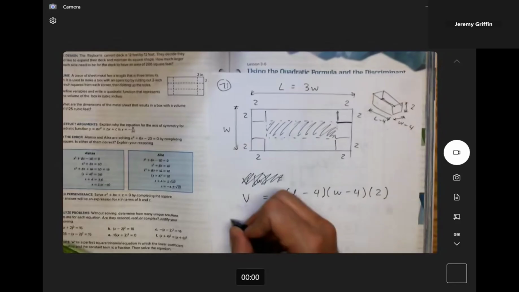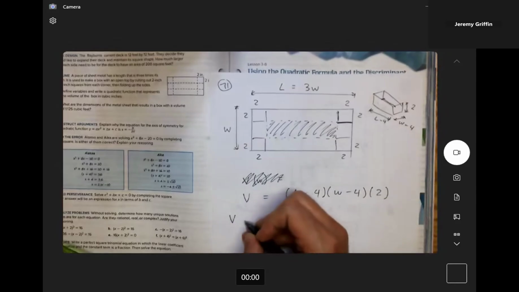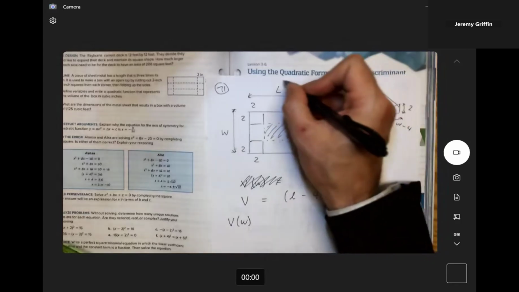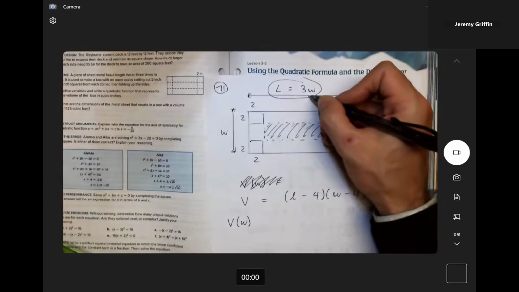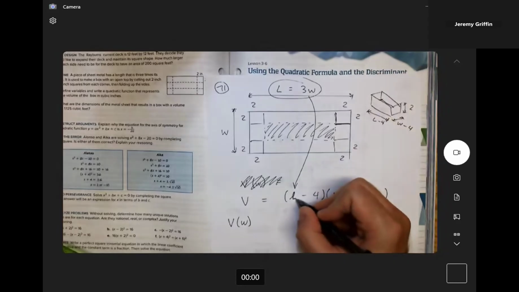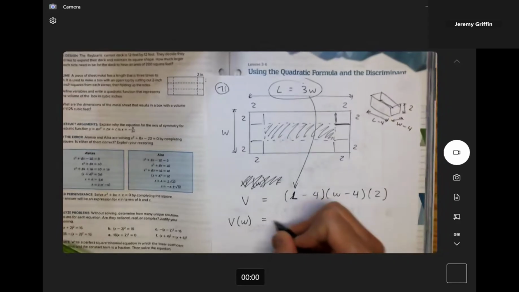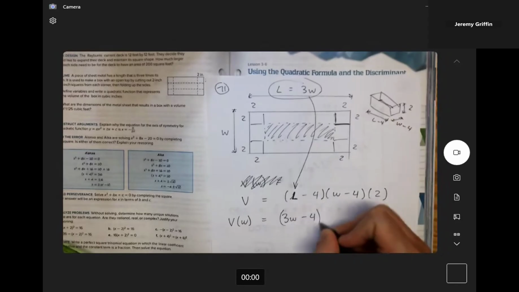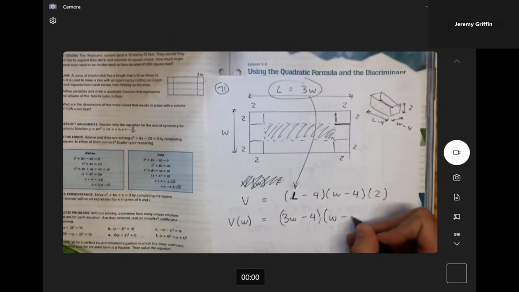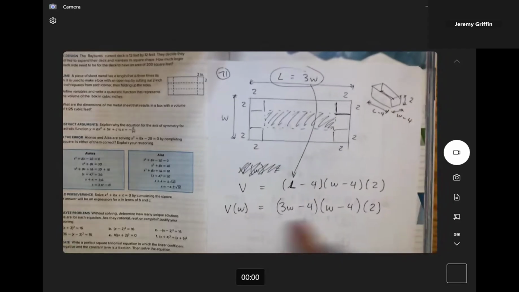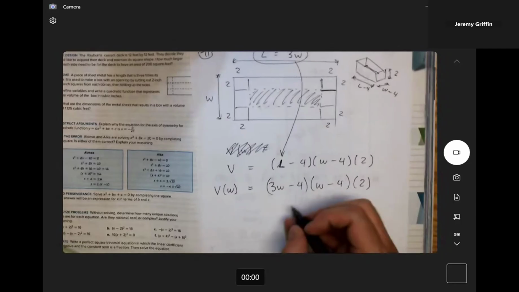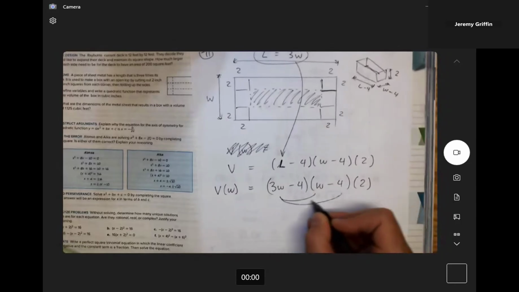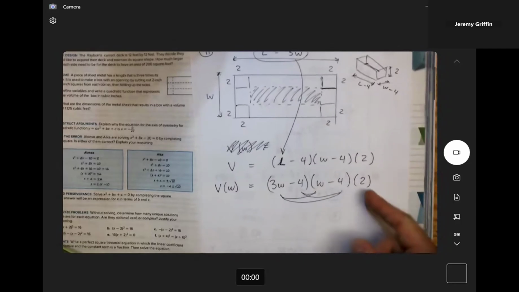Now, if I want to say volume as a function of width, that's where I can take this right here, L is 3W, and substitute it right there. Maybe this should have been L. There. So I can say 3W minus 4, W minus 4. Okay, and then I got a 2. Let me go ahead and expand this whole thing out. I think I do have to FOIL this, and then bring this after the fact.